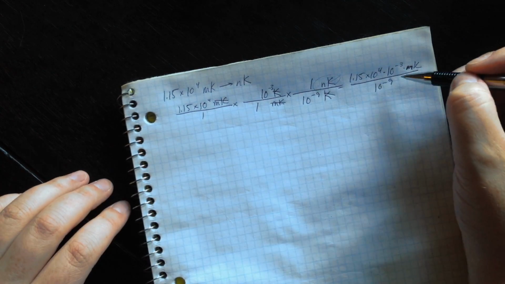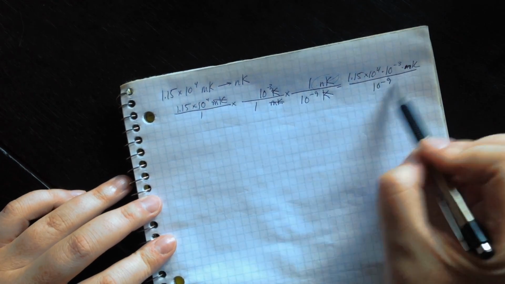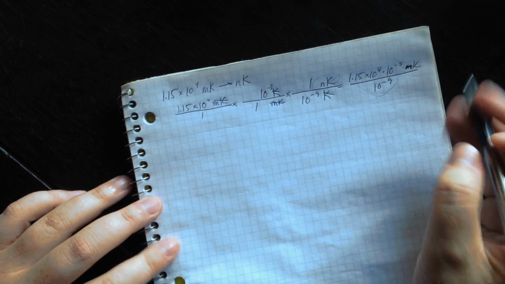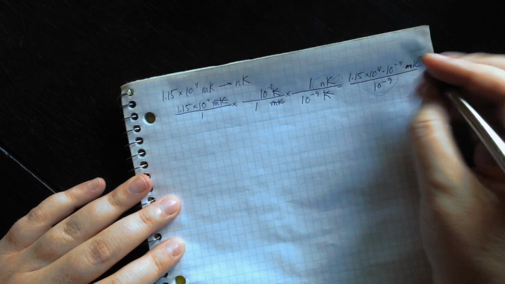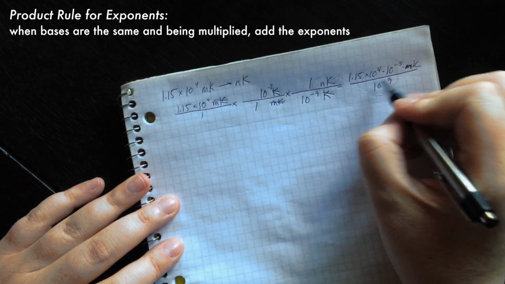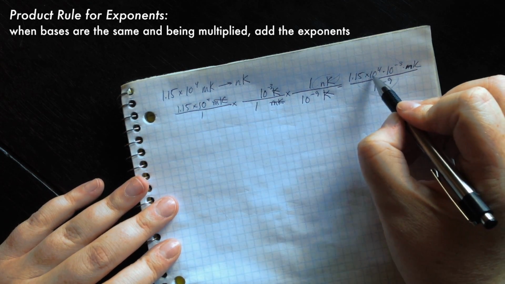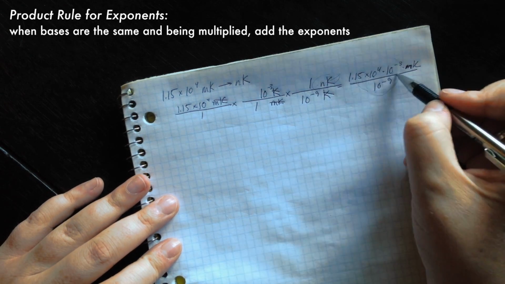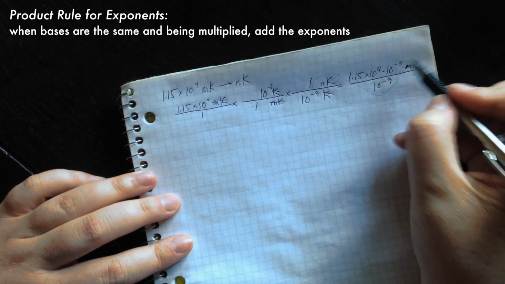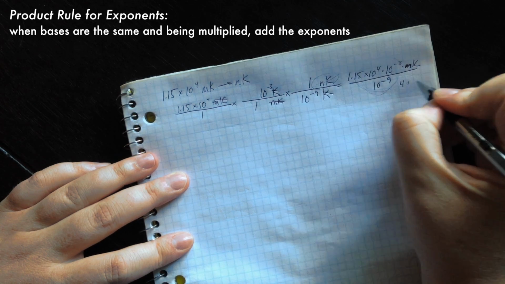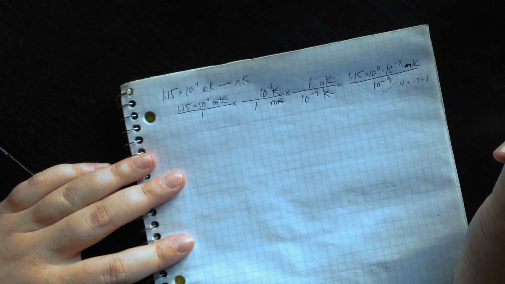And now I'm going to do the base 10 simplification in 2 parts. First of all, we would use the product rule for exponents, which states that when 2 bases are being multiplied and they are the same base, we add the exponents. So 4 plus negative 3 is equal to positive 1.